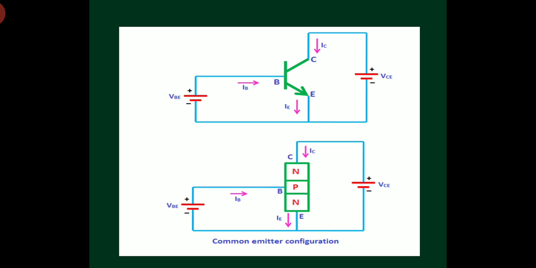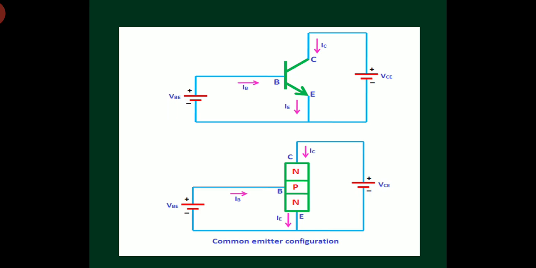So what will happen? The depletion region width at junction JC increases drastically. If I go on increasing VCE, then the depletion region width will increase much more at junction JC.